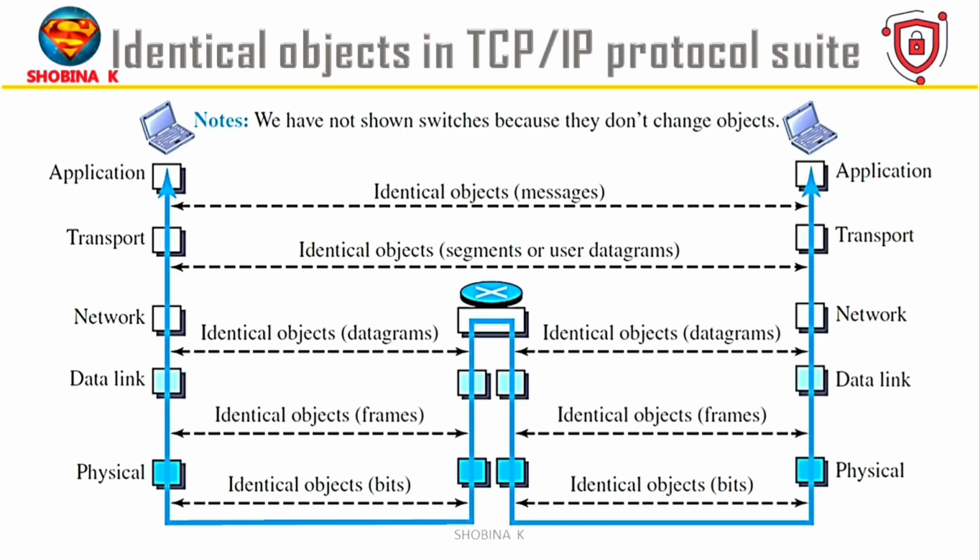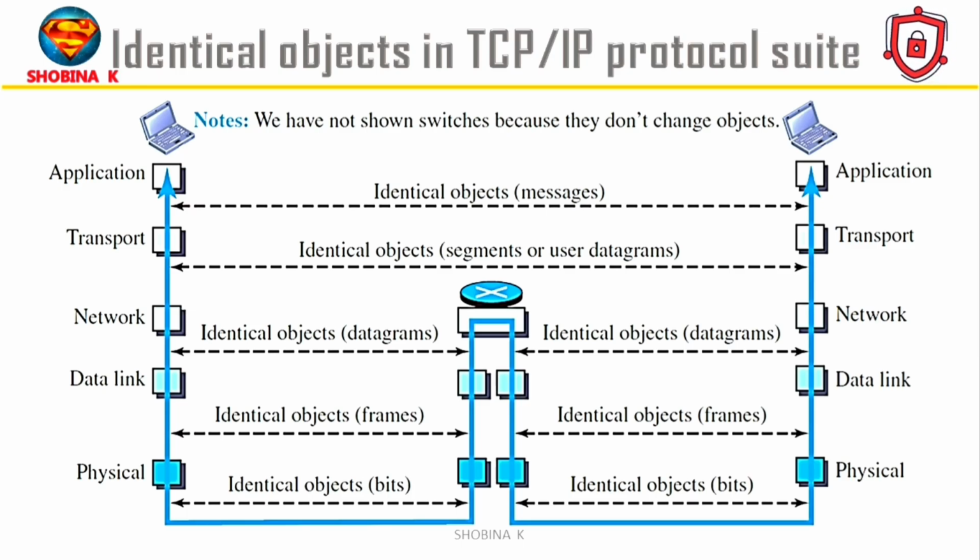It shows the second principle of protocol layering, which was discussed in the previous video. This diagram shows the identical objects at each layer for different devices. From the diagram, we can say, in this case, the identical objects exist between only two hops. Because at the network layer, the router might break the packet into smaller pieces, called fragmentation. As a result, it sends more packets than it received.